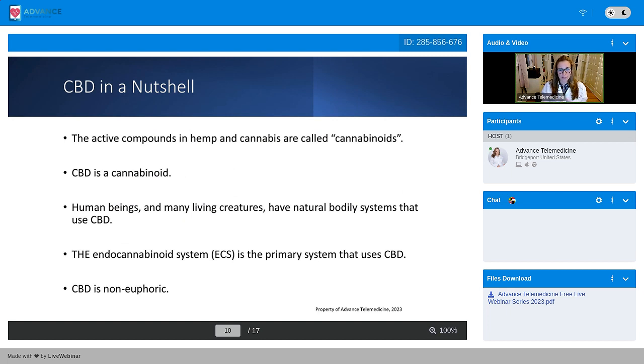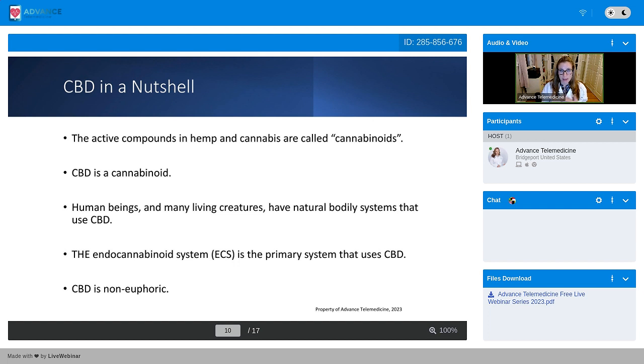So to summarize what we've talked about so far, the active compounds in hemp and cannabis are called cannabinoids. So again, we're just talking about CBD, and I mentioned the THC, but there's lots of other cannabinoids that are just being discovered and we're learning more about. CBD is one of these cannabinoids.